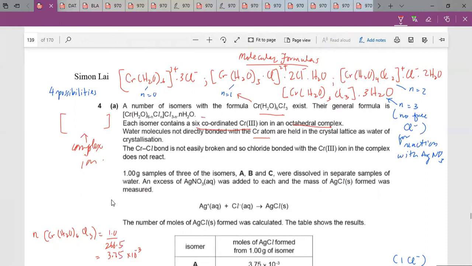If they are attached, this one of course is a dative bond, and dative bonds are very strong, they cannot be broken. So the chloride bonded to Cr3 plus in the complex does not react. They tell you already, which means the one outside, which is a Cl minus, will react with silver nitrate. Clear?